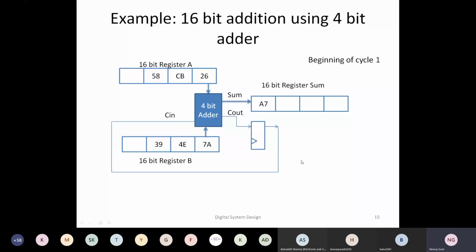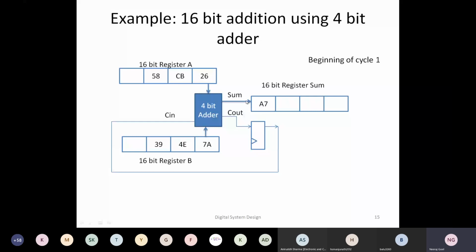Similarly, after cycle 1 is over, the sum would have been computed, but as soon as this positive edge comes, it will transfer this sum to this particular register, and the content of this register would be shifted here. All of these things are happening at the same active edge of the clock. So at the same active edge, this A7 would be transferred here, and whatever sum has been computed during the whole clock period would be passed from here to here.